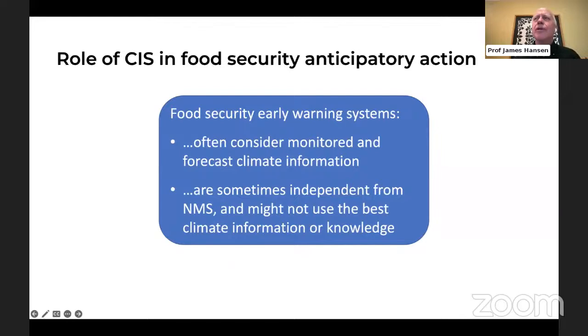Climate information services may or may not play a major part in food security, early action, or anticipatory action, but climate services primarily enter as part of the early warning systems. These early warning systems often consider both monitored and forecast climate information.